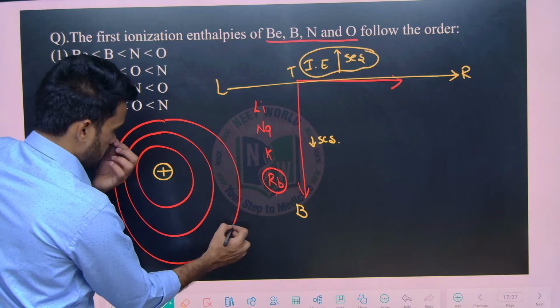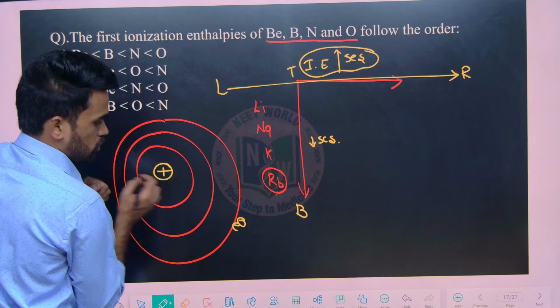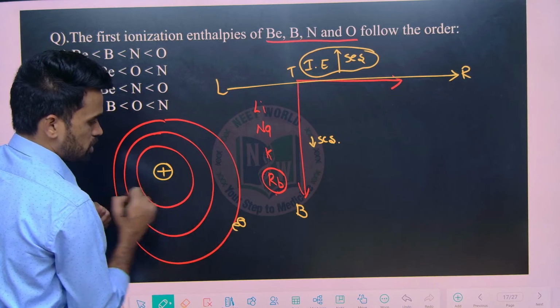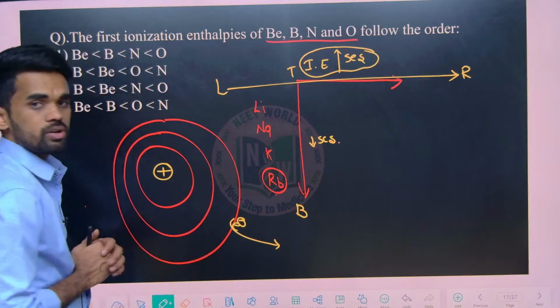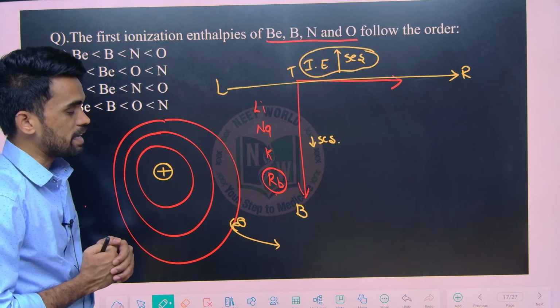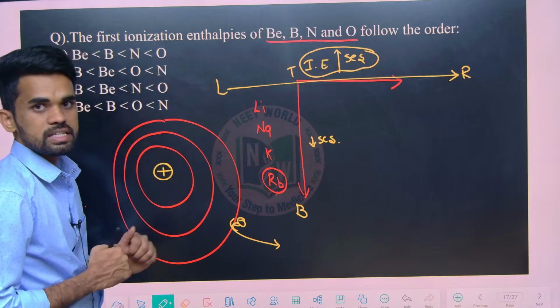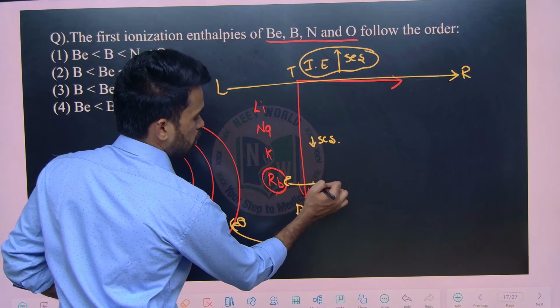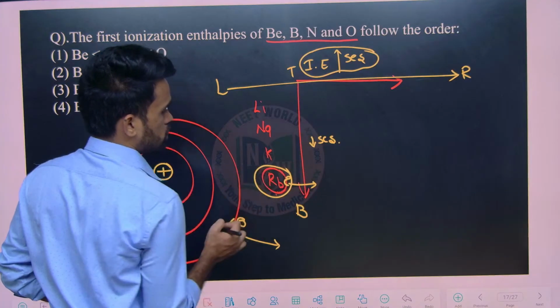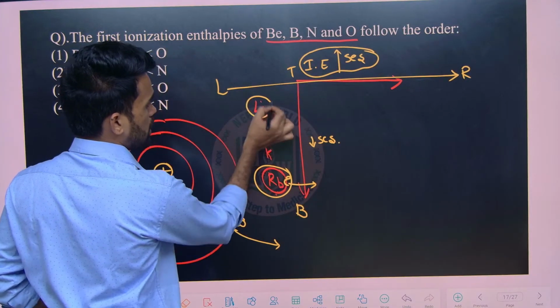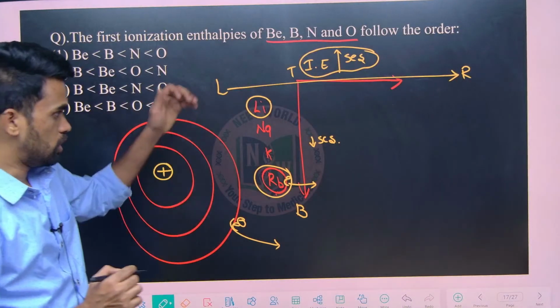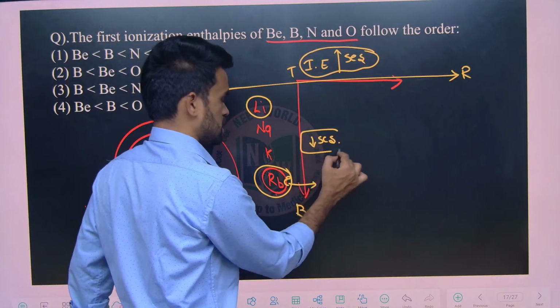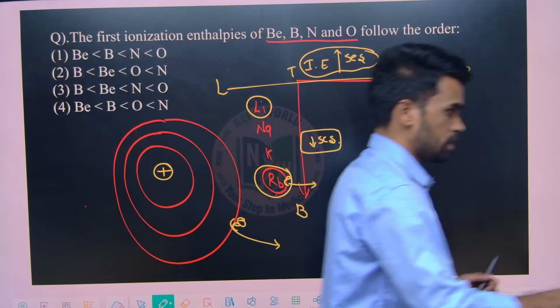Bigger size means the electron is far from the nucleus. If the electron is far from the nucleus, I can easily remove it. So ionization energy decreases down the group. The bottom element's electron is easily removed, therefore it has lower ionization energy, and the top one has higher ionization energy. Down the group, ionization energy decreases. In short form you can make a note.